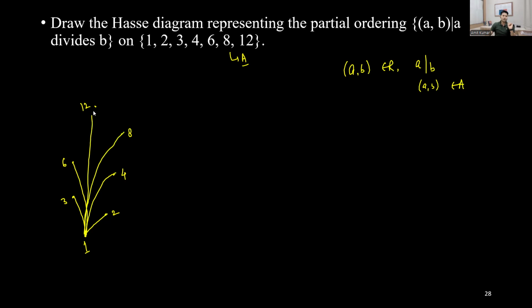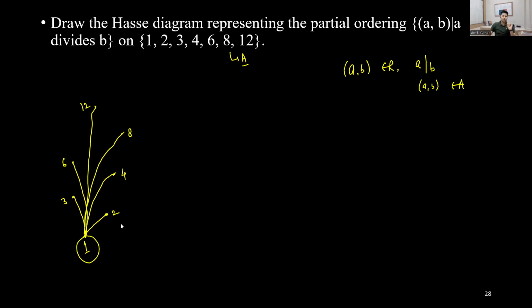Then 1 divides 12, yes. 1 divides itself also. So these are all the connections that 1 has. Since 1 divides 1 and 1 divides 2, the operation is divisibility, so I represent every pair connected by an edge if they are related to each other.